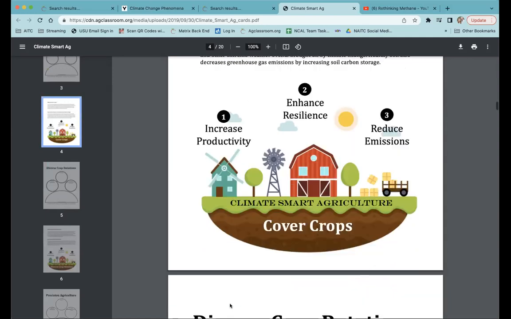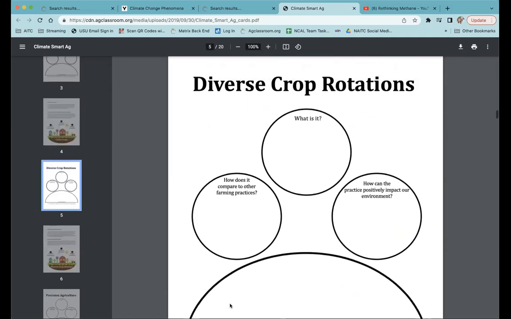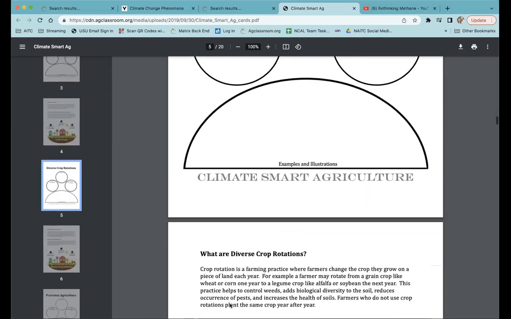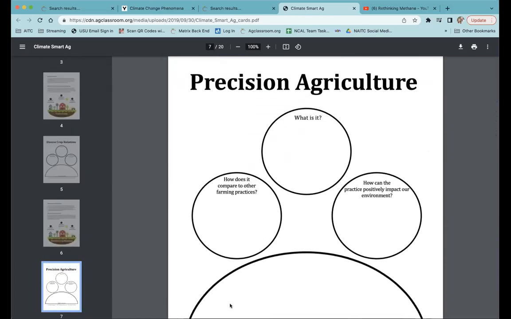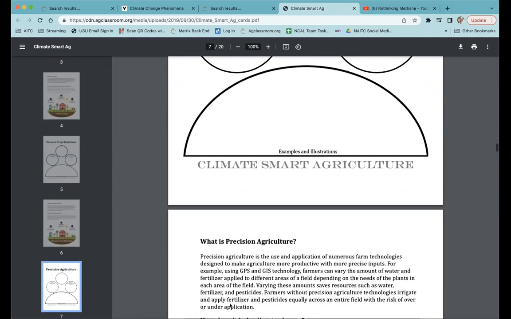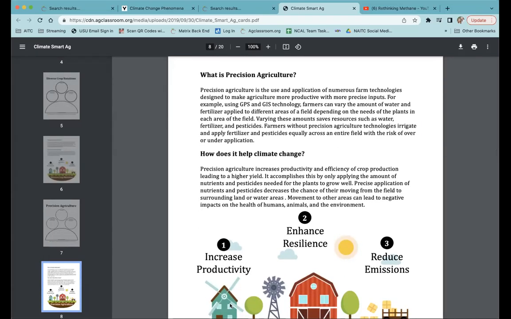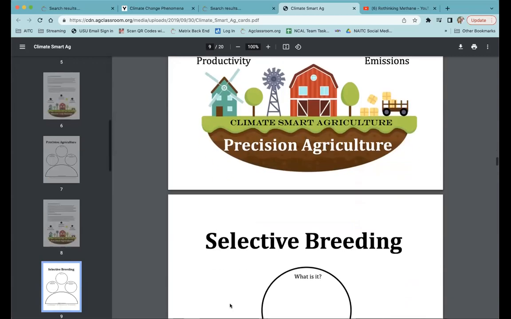Another example, I'll go through these quickly, is diverse crop rotation. So how do crop rotations help? Precision agriculture is technology that's used to apply precise amounts of fertilizer and water to crops. So you're increasing your productivity while reducing your inputs using technology.